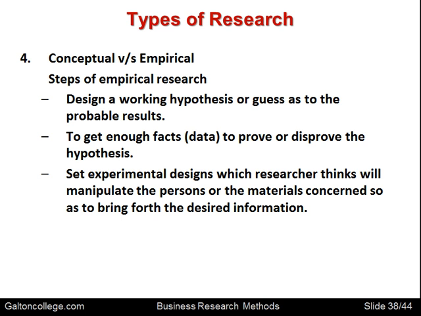Set experimental designs, which researchers think will manipulate the persons or the materials concerned so as to bring forth the desired information. So, having got the hypothesis and having picked up the data, set up the experimental design. How is the data going to be linked one part to the next?